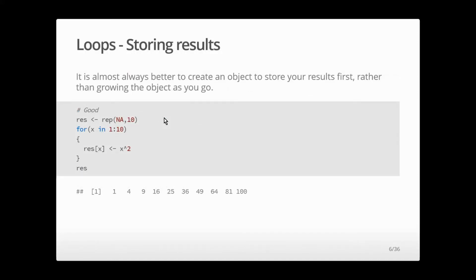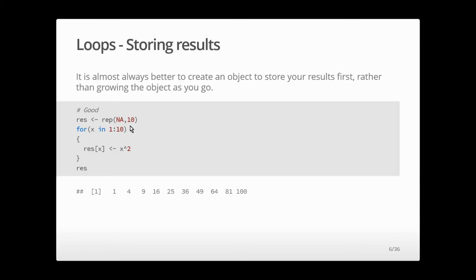A lot of time as you're building loops, you're going to want to keep track of the outputs. When you're trying to figure out a place to store it, it's best to create that object in its entirety, and then you assign the values that way, right?